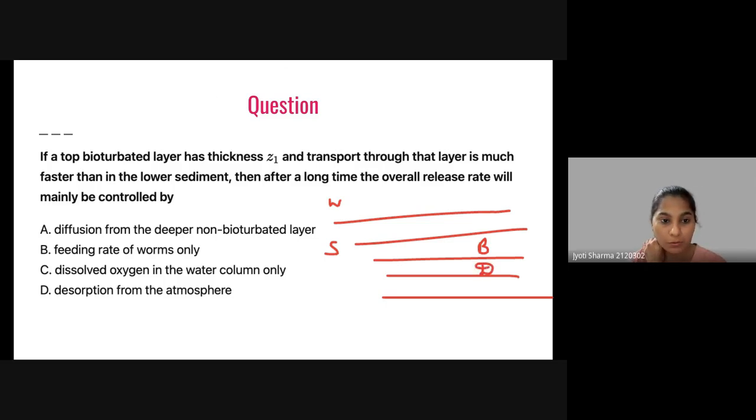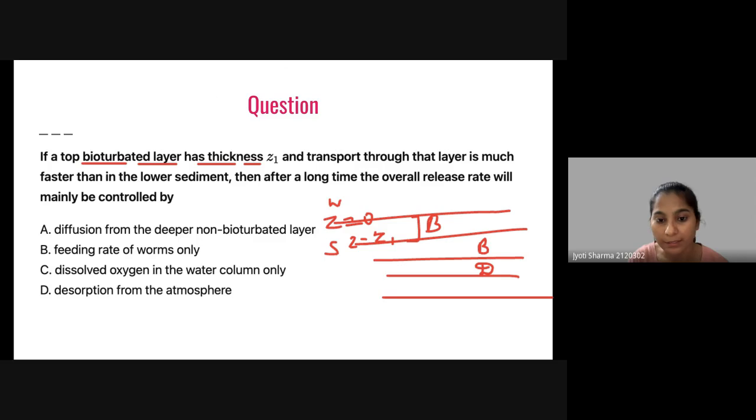So if the top bioturbated layer has the thickness Z1, this is your Z equal to 0, and let's say this is Z equal to Z1, and this is your bioturbated layer. The transport through that layer is much faster than the lower sediment.